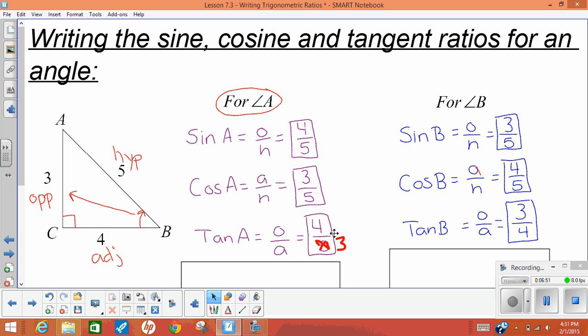So tangent of A was 4 over 3, and tangent of B is 3 over 4. So once you know the sine, cosine, and tangent of one angle in a right triangle, it's pretty easy to find the other three ratios for the other angle.